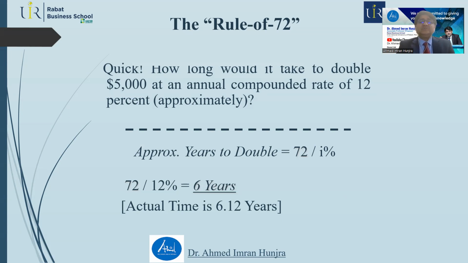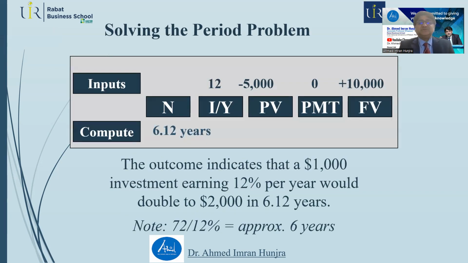If we solve manually with the formula, then the exact value is 6.12 years. If we use the rule of 72, we get 6 years. So it's an approximate answer, not the exact answer, due to the effect of rounding. There might be a nominal difference between the actual answer and the calculated one.